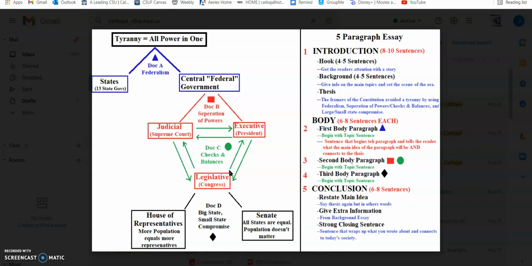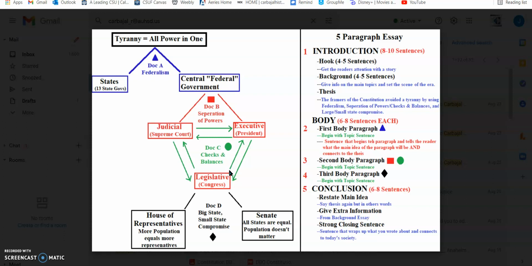Then I would say something such as, this is an example of somebody with too much power or having all the power. And this is something similar to what was faced by the colonists under King George, who was a tyrant. And then you can go into detail of what a tyranny is, explaining that a tyranny is having all power in one, whether it's one person, one small group, or one large group.